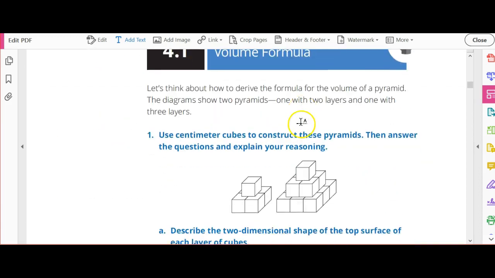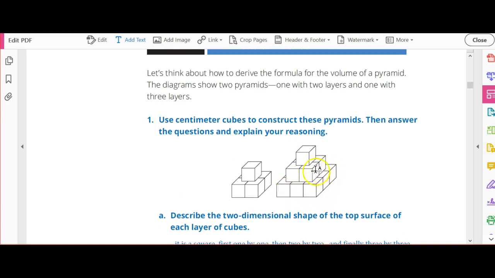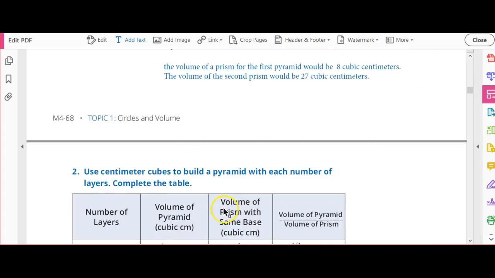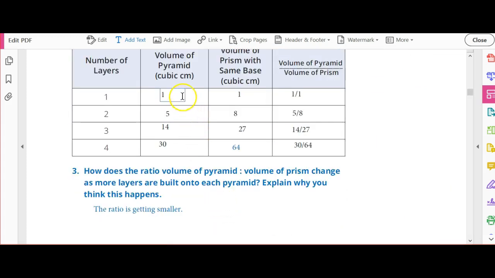So let's go back and look. So it's like this if we just had 9 total cubes in 1 layer. Let's try this again because I think we're looking for a different answer here. So if this was 9, there would be 9 in the pyramid. I don't know if that's what they really want me to do either, but we'd say 9 there.